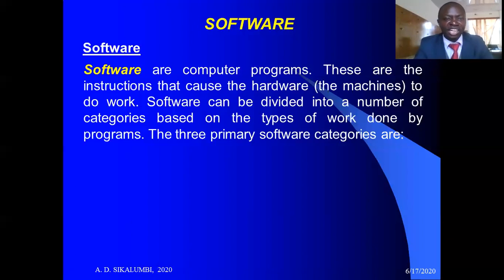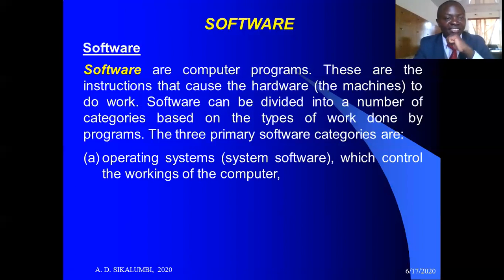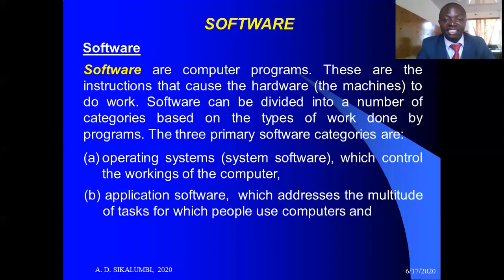So let's try to look at these classification or categories of software. And they are basically three. These are, number one, operating system. It may also be called system software. This operating system is in charge of controlling all the workings, all the operations of the computer.